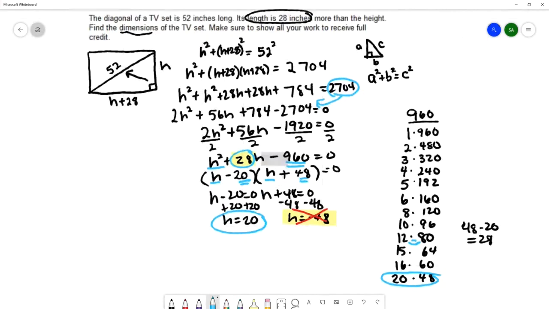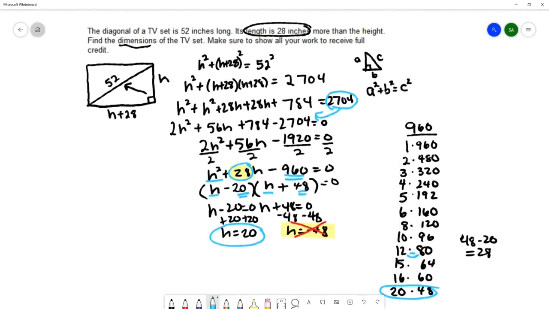Now let's go back and read the question to make sure that we answer it completely. The question says, find the dimensions of the TV set. So we want to know the height and the length. We've got the height being 20, but the length will be right here, h plus 28.